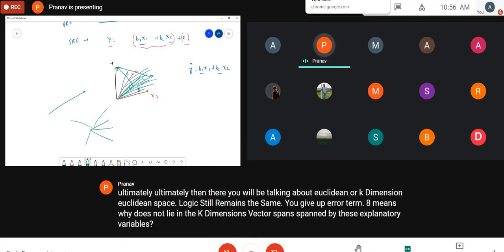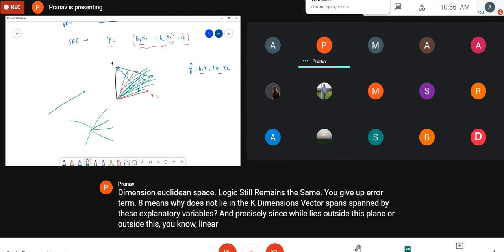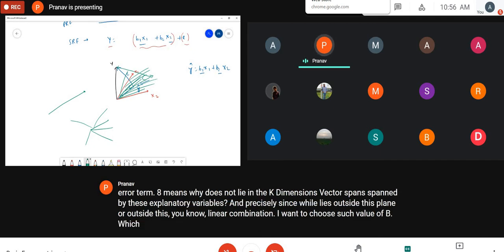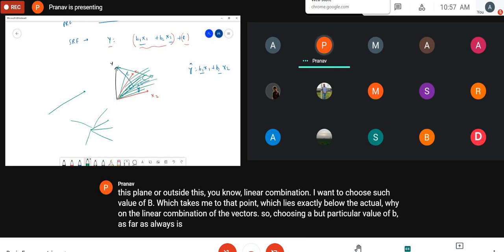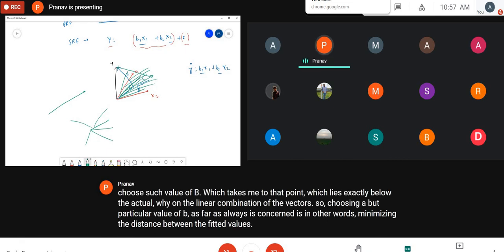And since y lies outside this plane, I want to choose such a value of b which takes me to the point that lies exactly below the actual y on the linear combination of the vectors. So choosing a particular value of b as far as OLS is concerned is, in other words, minimizing the distance between the fitted values and the error component.